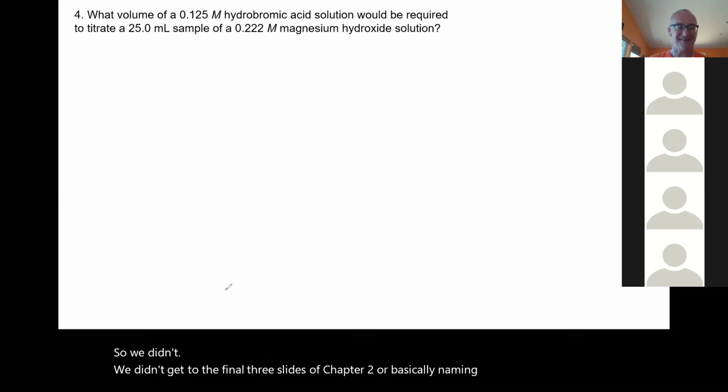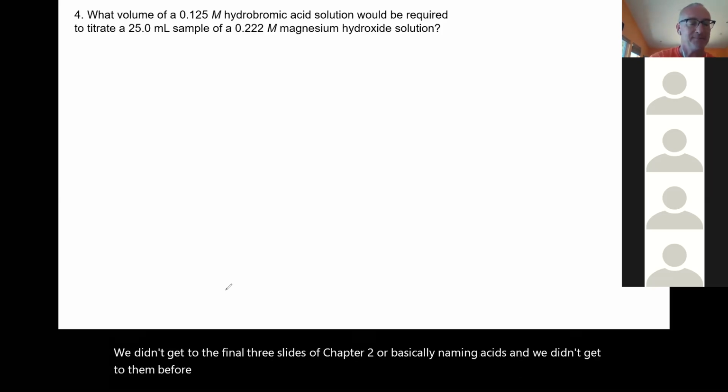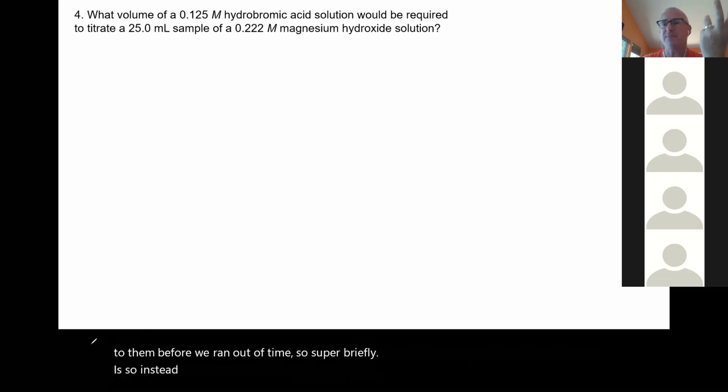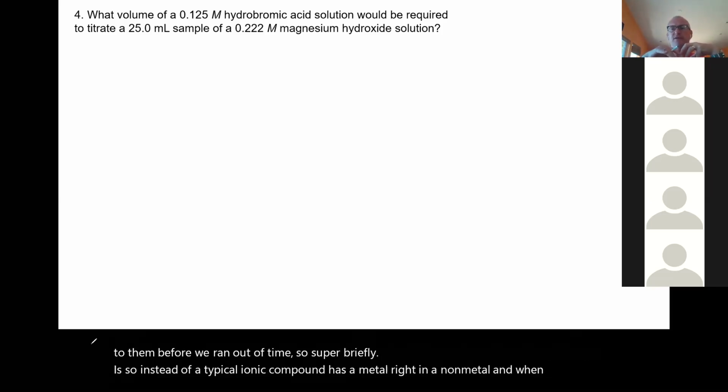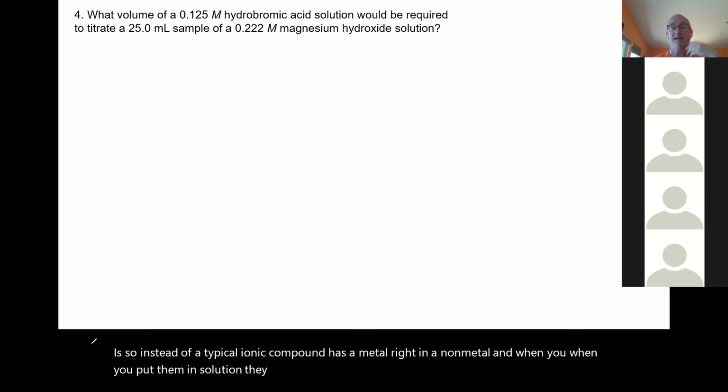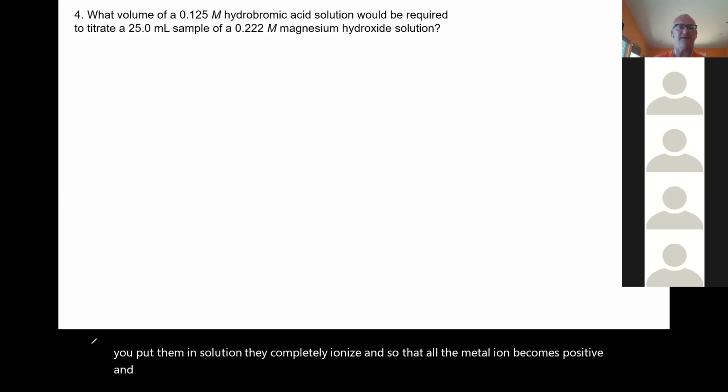Okay, so the final 3 slides of chapter 2 were basically naming acids, and we didn't get to them before we ran out of time. So super briefly, a typical ionic compound has a metal and a non-metal, and when you put them in solution, they completely ionize, so the metal ion becomes positive and the non-metal ion becomes negative.